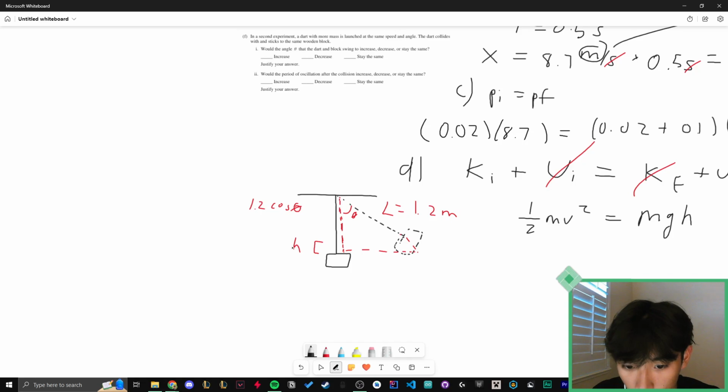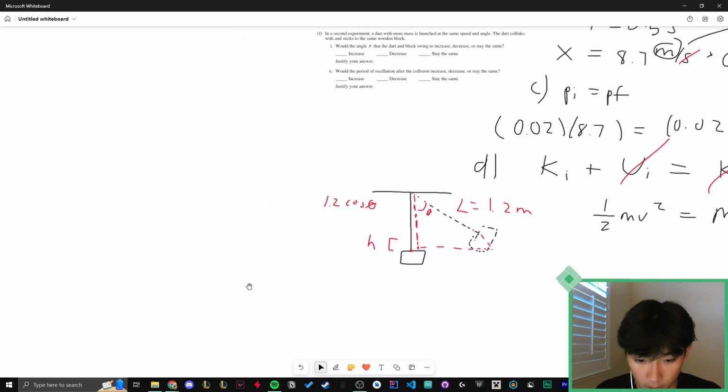Basically, we know that h is the difference between the height of this point and this point. I didn't really draw this quite well, but I want you to understand that where the block is, this is the height component of that block, right?